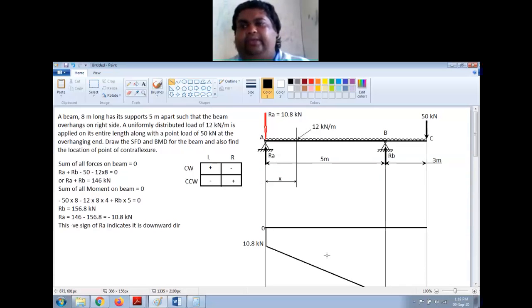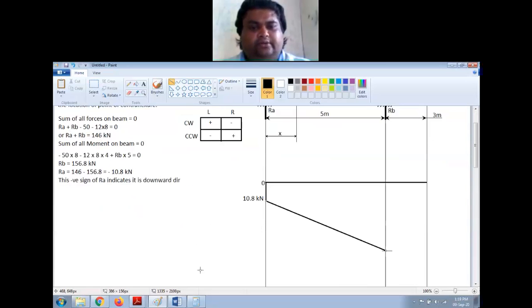At point B, I have reaction RB, which is vertically upward, which I have taken as positive. What is the value of that? It is 156.8, correct?